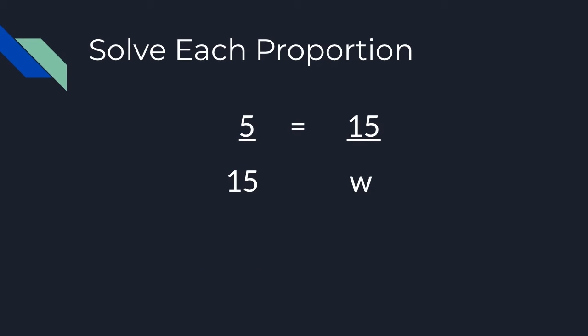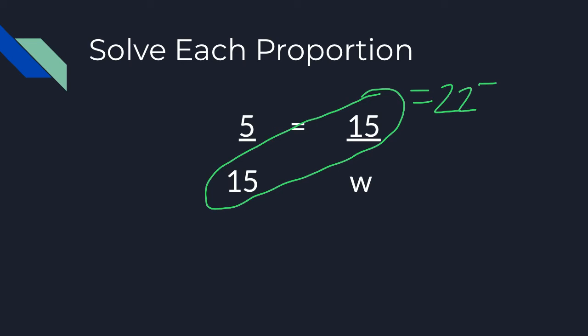Eventually, when you do enough proportions, the process becomes such a habit that you automatically look for the cross product. 15 times 15 is 225. And to isolate your variable, you'll simply divide by the other number.